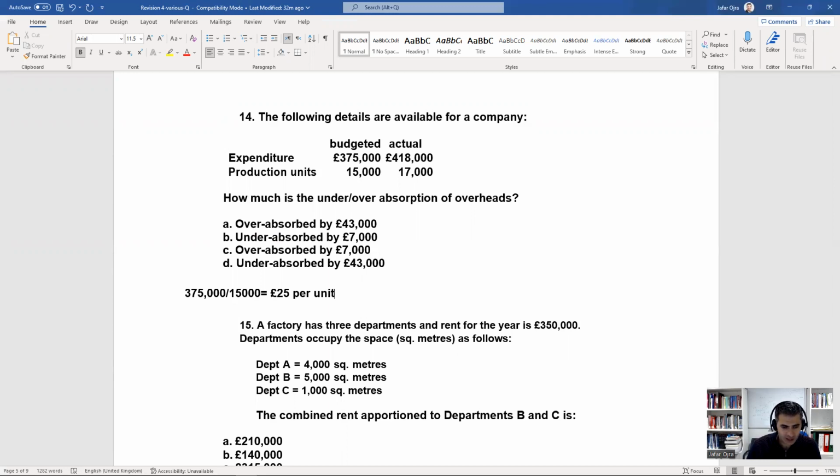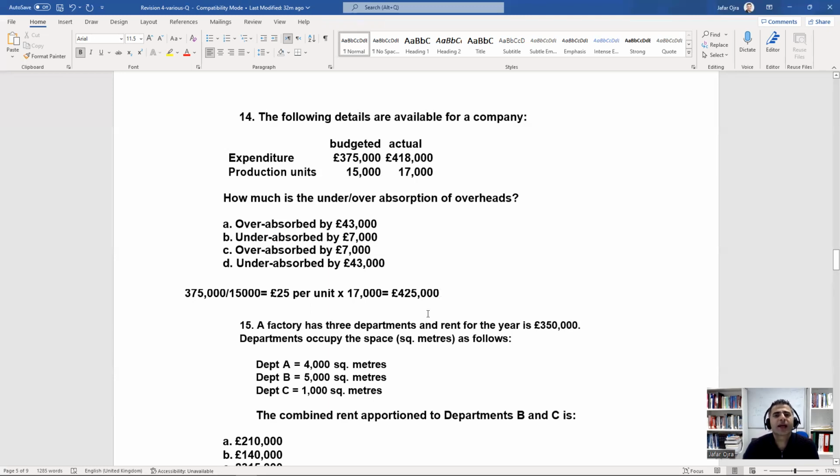And then from 25 per unit, what you need to multiply by is the actual production units, which is 17,000 units. That will give you 425,000.